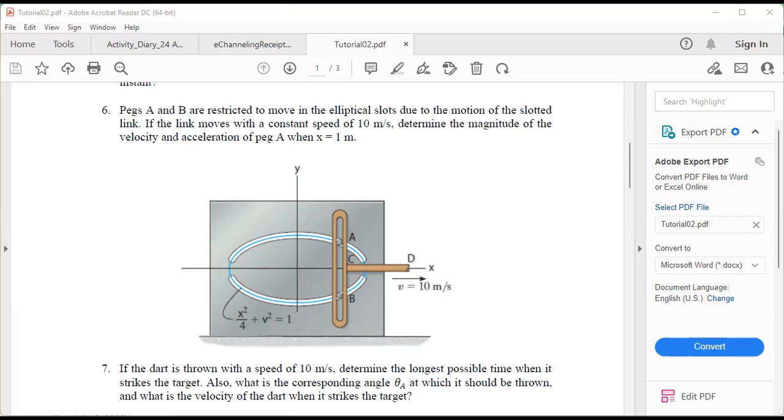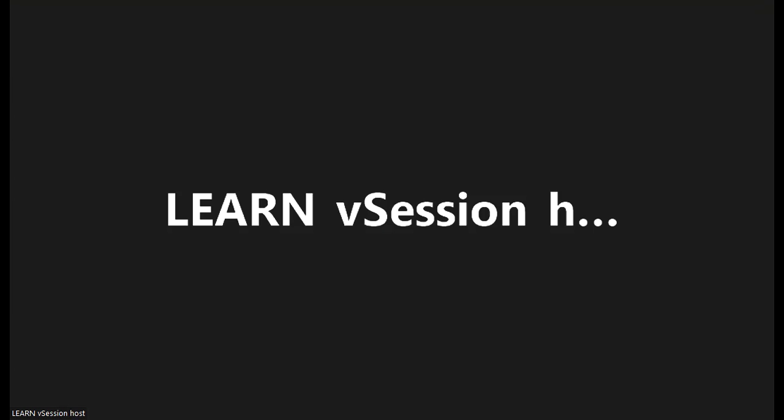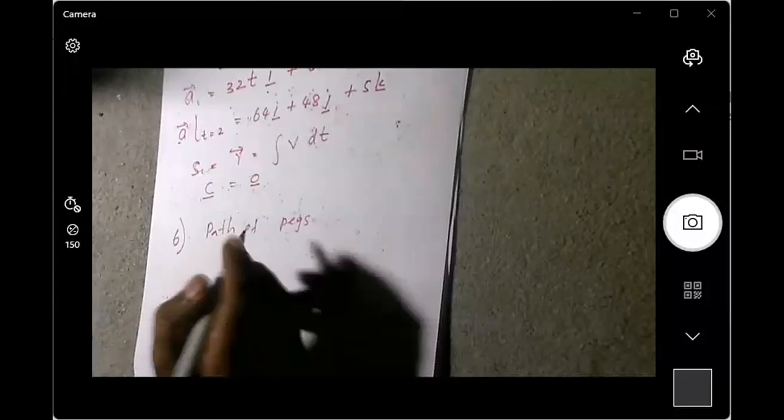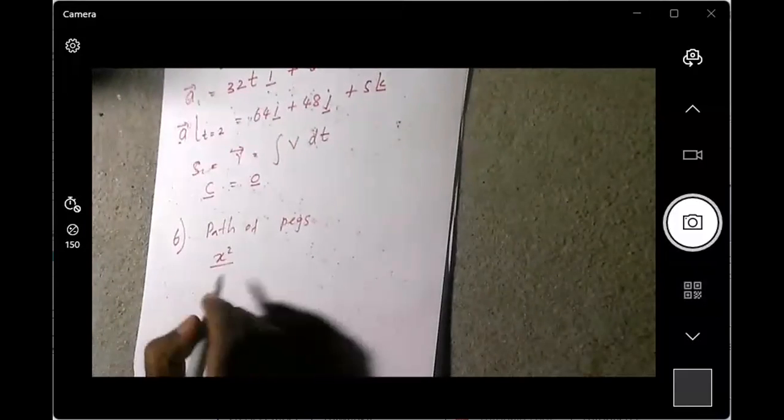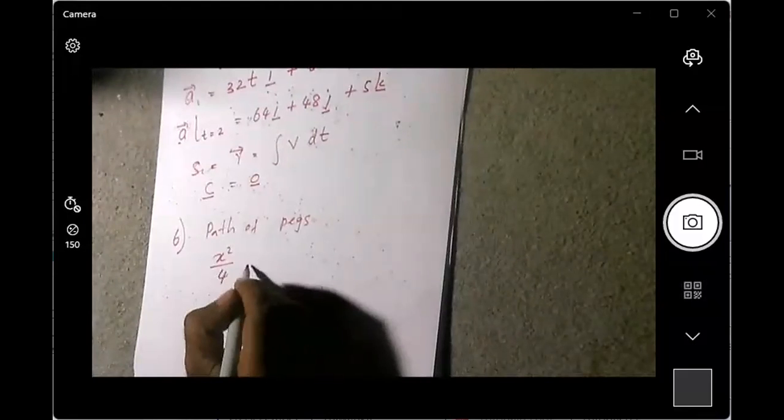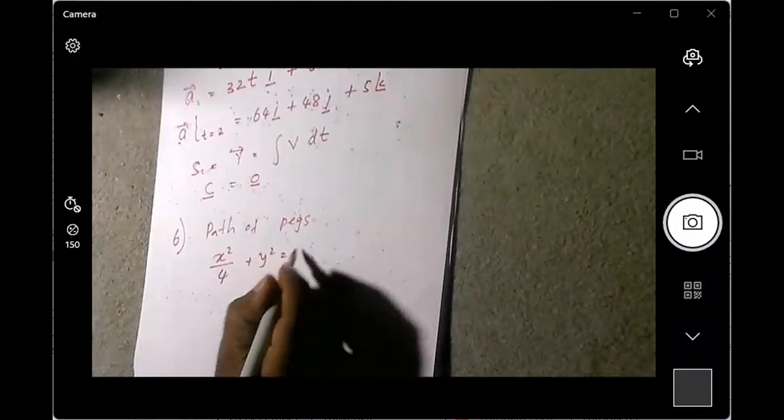So question number 6, path x squared over 4 plus y squared is equal to 1.